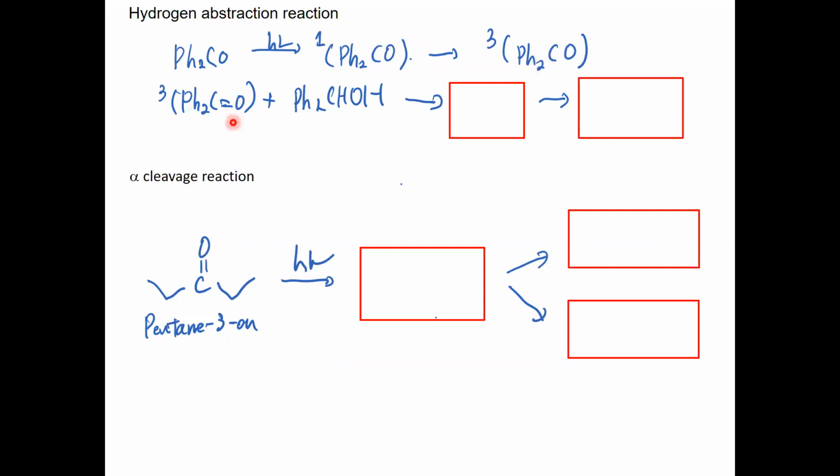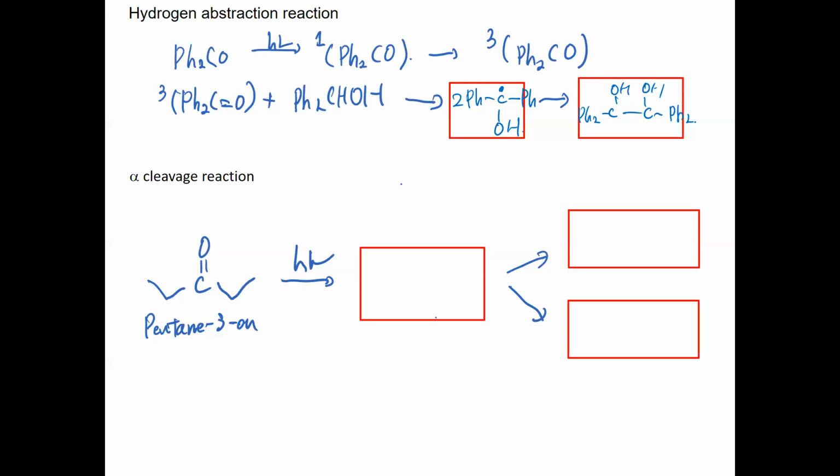This triplet state reacts with other molecules to give a radical-like species by hydrogen abstraction, and you obtain radical species that dimerize to give this molecule.